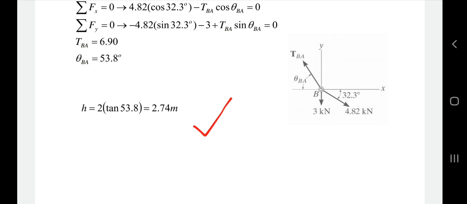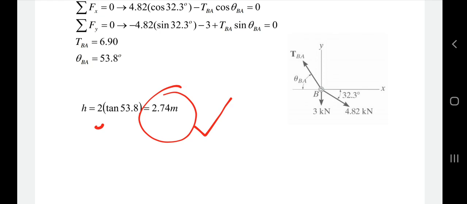H is equal to 2 tan 53.8. That is basically tan 53.8 is equal to P over B. P over B means H over the horizontal distance, that was 2. If you solve it for H, you will find out the H is equal to 2.74 meters.